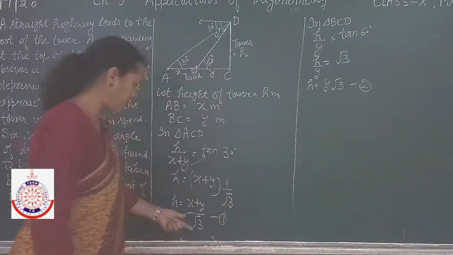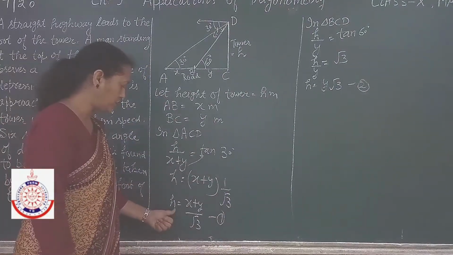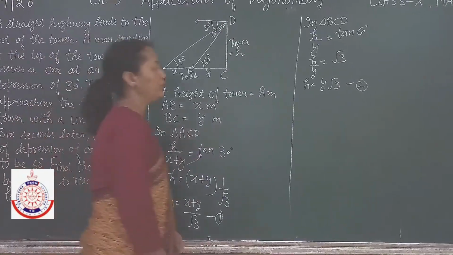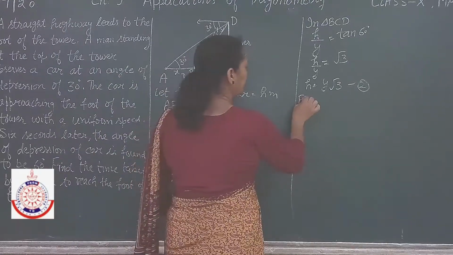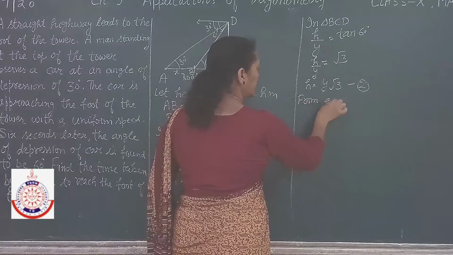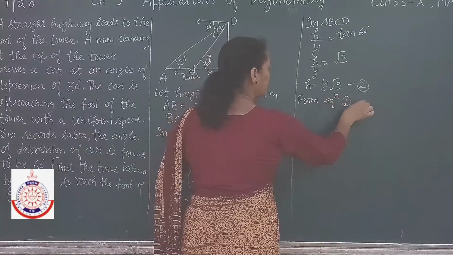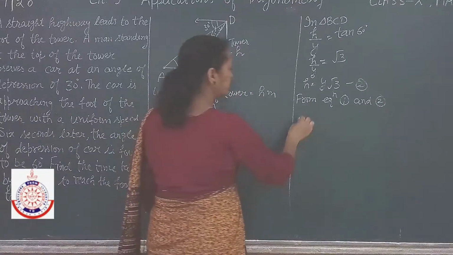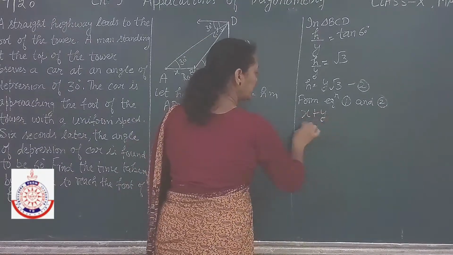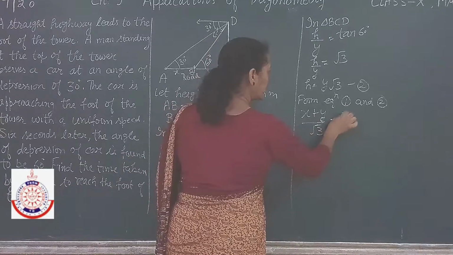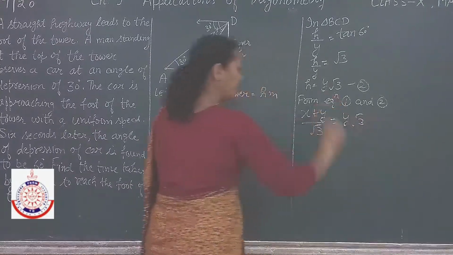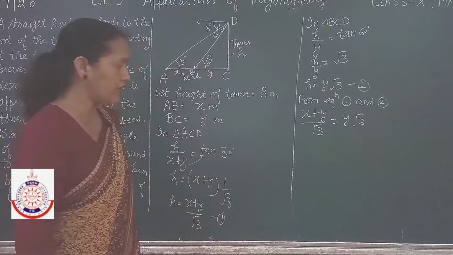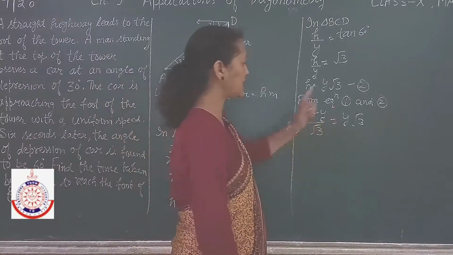As you can see from equation 1 and 2, we have obtained two values of H. If we compare equation 1 and equation 2, both the equations are giving the value of H. So comparing the equations, we have obtained this relation.